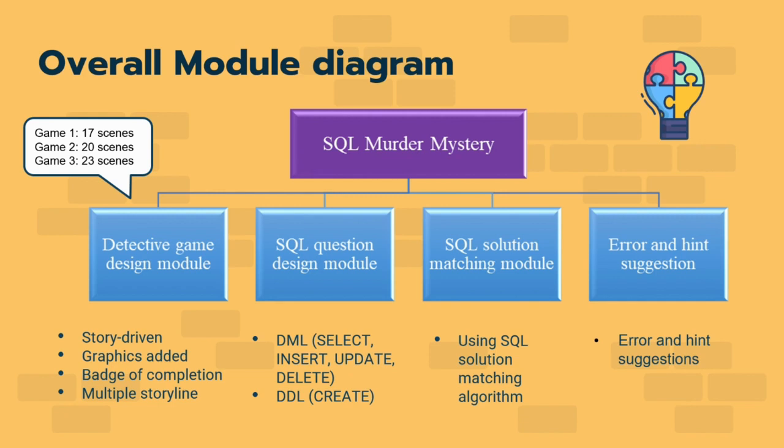Second, the SQL Question Design module, in which all the DDL and DML are included to match the game scenarios. Third, the SQL Solution Matching module, which automatically evaluates SQL statements written by the players to match the correct solutions. Then the last module is the Error and Hint Suggestion module, which provides hints if the players submit an incorrect SQL statement.